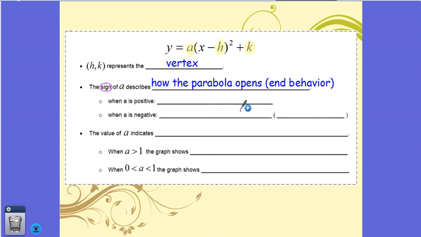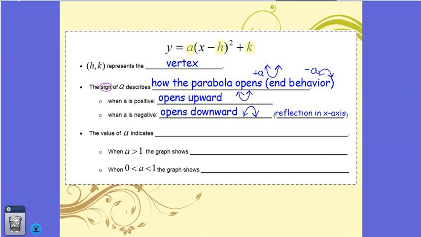When we have a positive a value, it's going to open upward. And when we have a negative a value, it will open downward, which is what we see here. So positive a is upward, negative a is downward. Negative a is actually indicating that there is a reflection in the x-axis.